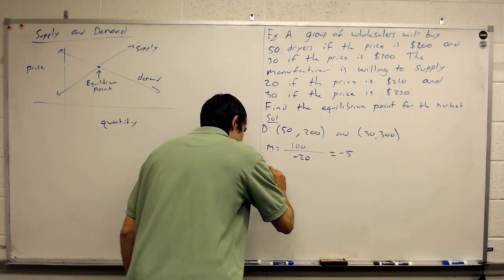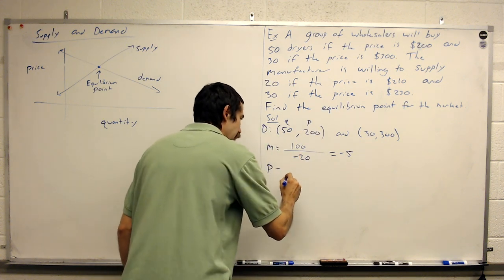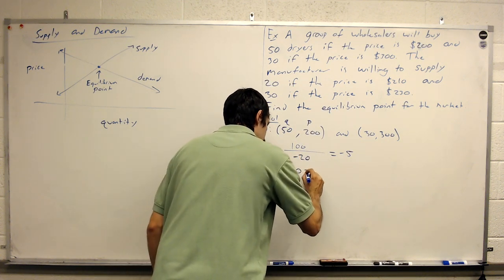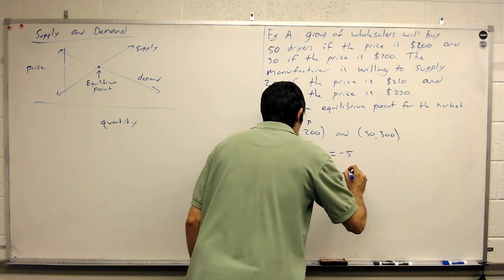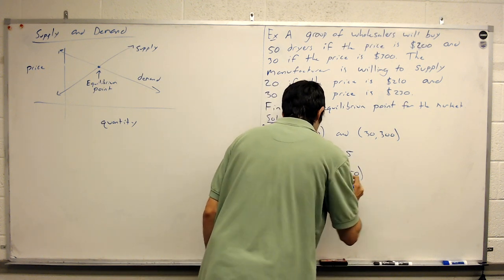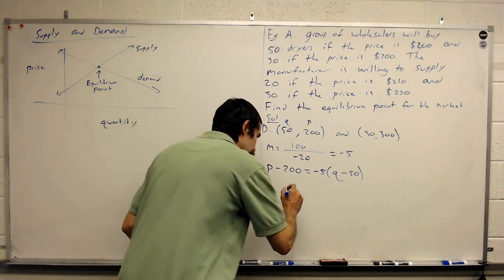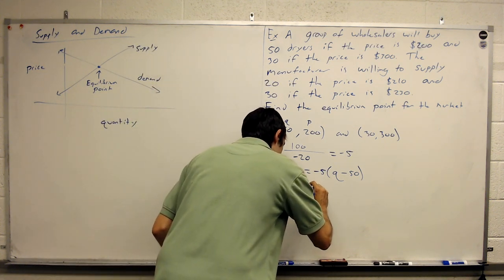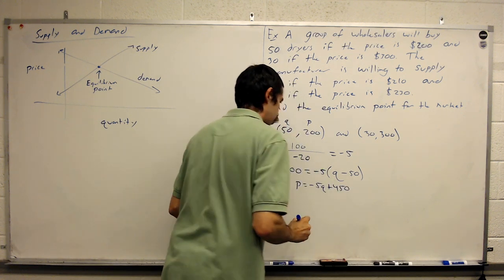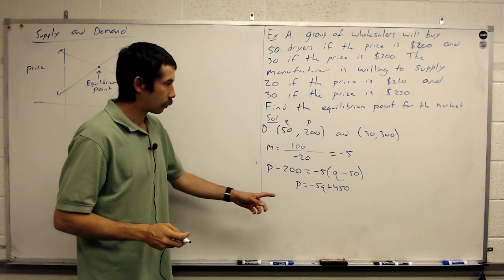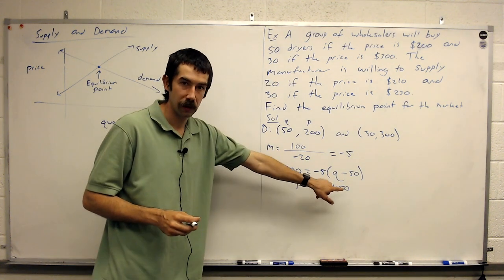This is Q, this is P. Our price minus 200 is equal to our slope, -5, times Q minus 50. Solving for price, we have our demand function is price equals -5Q plus 450.